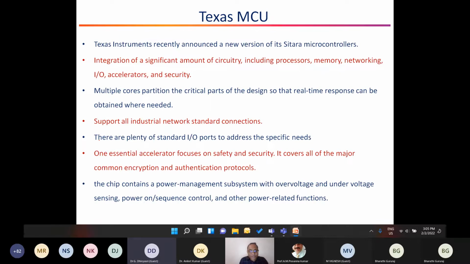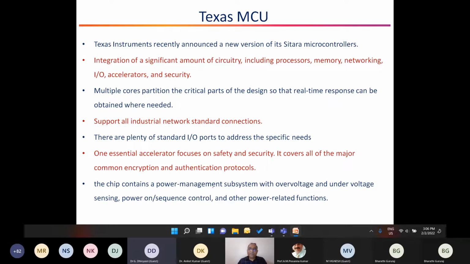So considering all these parameters that are listed, Texas Instruments is making... it's not only Texas Instruments. In fact, all these companies like Infineon, NXP, and STMicro are working on various controllers that would cater to the requirements of Industry 4. I have chosen one example from Texas.